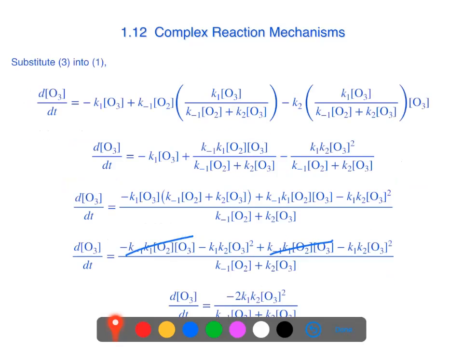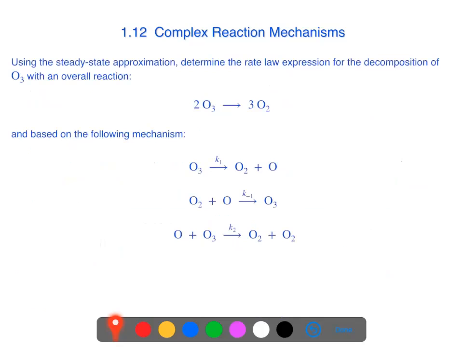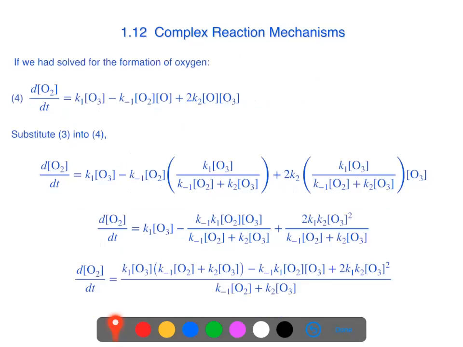So if we go back to the mechanism, we see that we have 2 equivalents of O2 being formed in that step. So we need to multiply the rate constant by 2 to represent that in the formation of O2, we're forming 2 equivalents of O2 in that single elementary step.